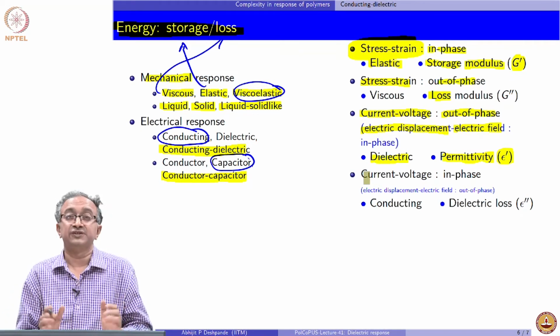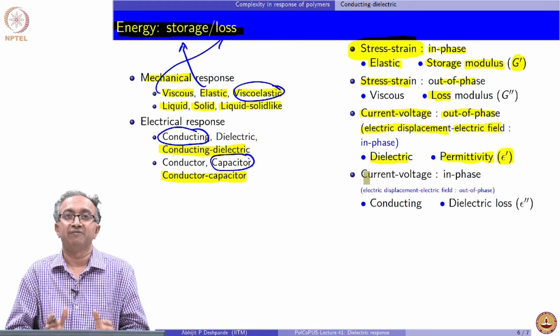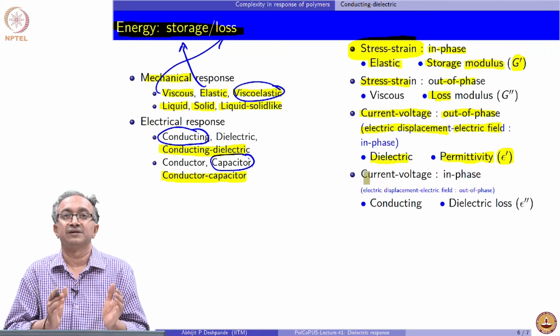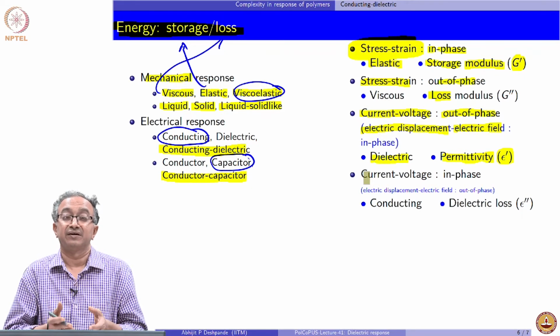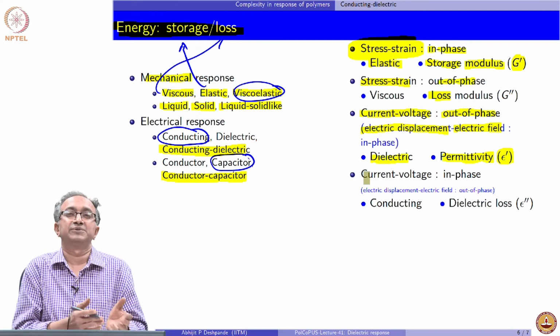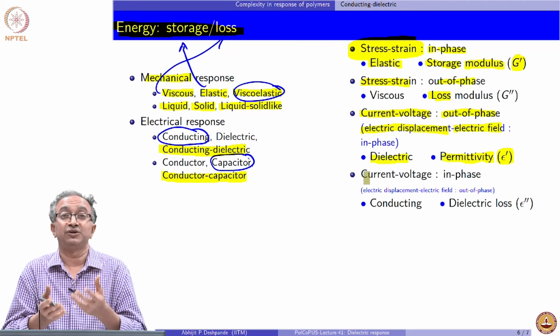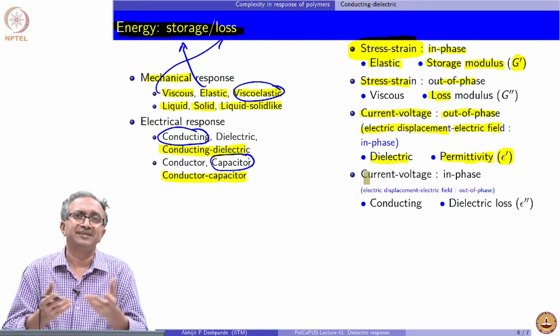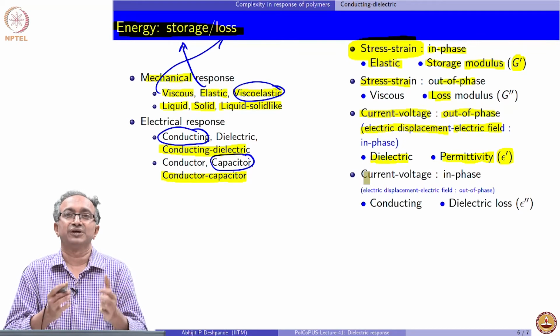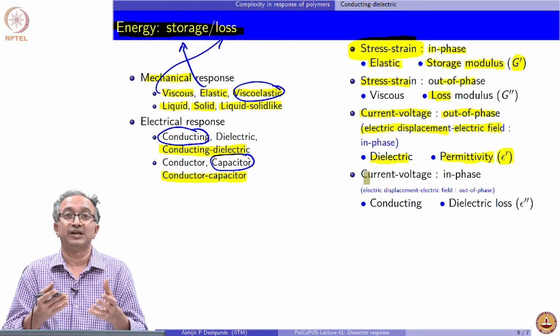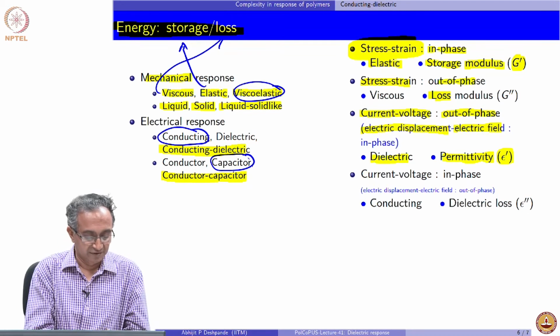In polymers, the challenge is that the phenomena of energy storage and loss both exist. Only in rare cases of short time scales or extremely high temperature can we assume just storage or just dissipation. For most challenging situations, we have to consider polymers as viscoelastic or conducting dielectric materials.